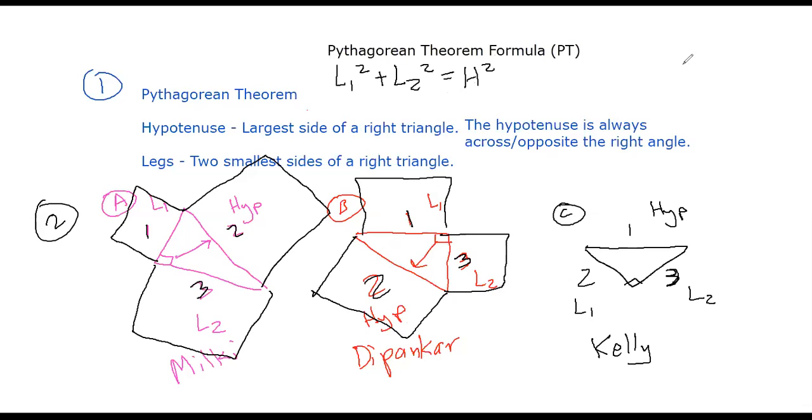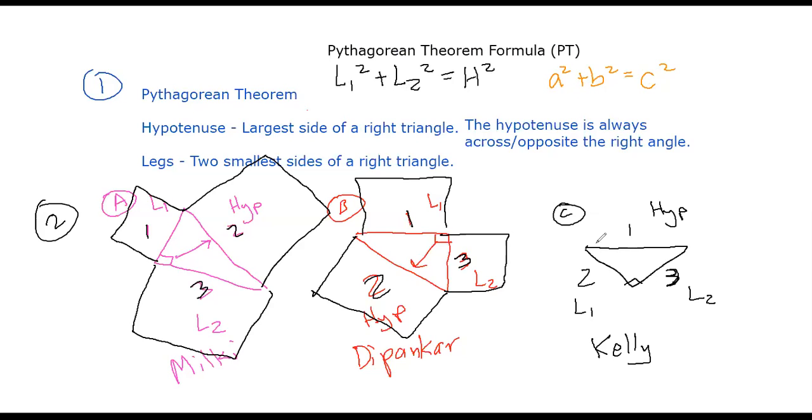Another way to interpret this, which you'll find in textbooks and formula sheets, is a squared plus b squared equals c squared. A and b are the legs, and c is the hypotenuse.